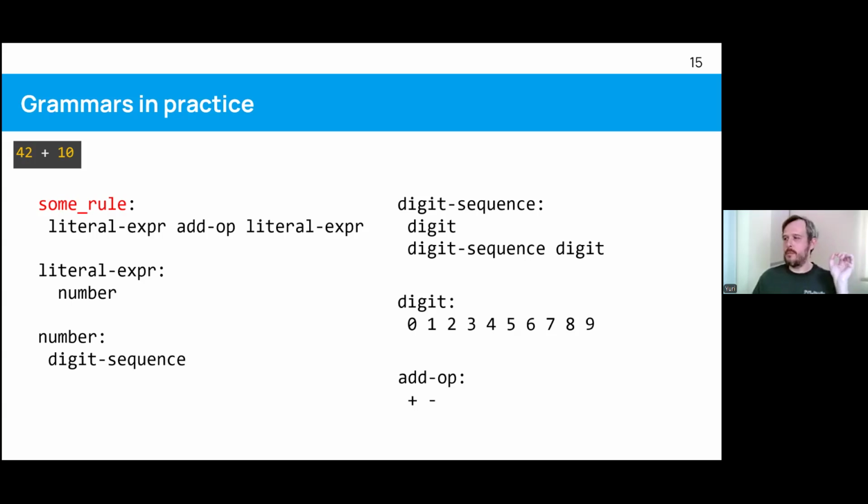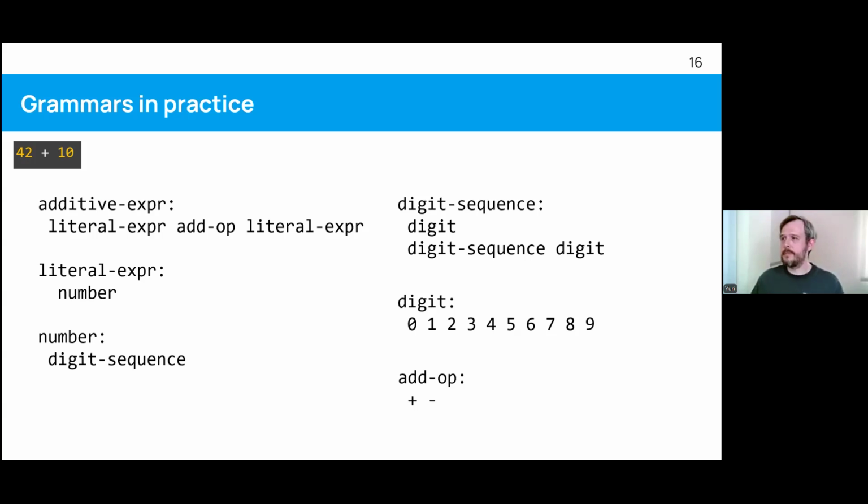So our sum rule thing will be called additive expression from now on. Additive expression is anything which has some expression on the left, an additive operation sign in between, and some other expression at the right.